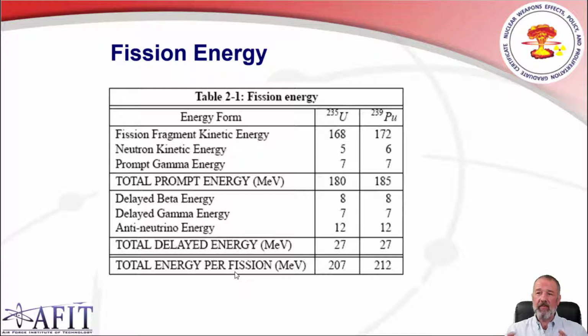So total energy per fission for uranium-235 is about 207 MeV, although the useful part of that is only about 180. And then plutonium-239, one of the other fissile isotopes, in fact these are the two isotopes that are used in nuclear weapons, is a bit higher at about 185 on the prompt and 212 overall.